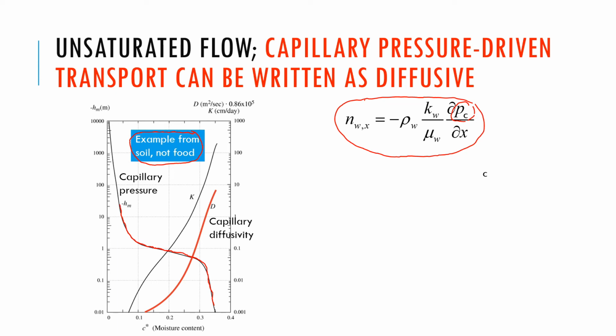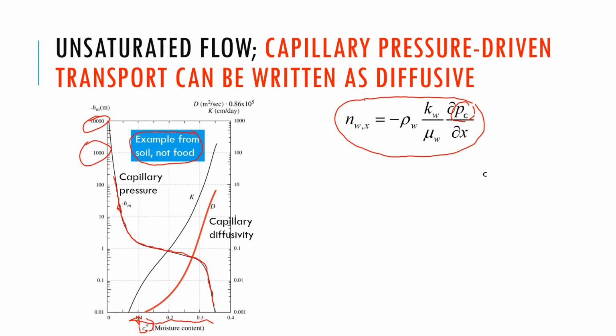It's always negative, and the magnitude of it increases as you take water out. As you take water out, the capillary pressure increases to a very high value. Look at these numbers, very high values of capillary pressure. So capillary pressure is very much a function of the water content, the moisture content, right?